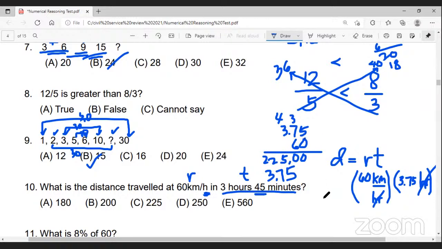Rather than multiplying 60 times 3.75, you could do the switching so you do the multiplication easily. So we already have the distance for the travel at a rate of 60 kilometers per hour in a time of 3 hours and 45 minutes.